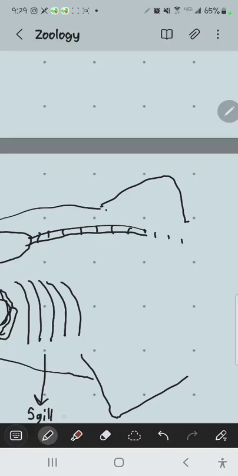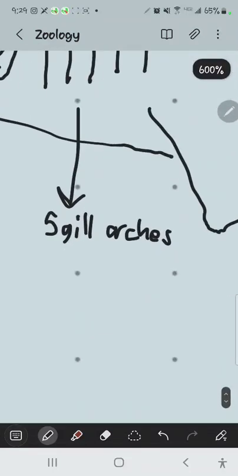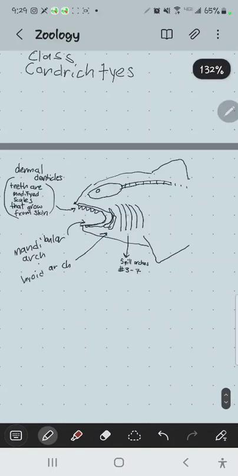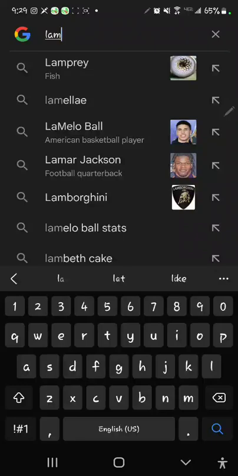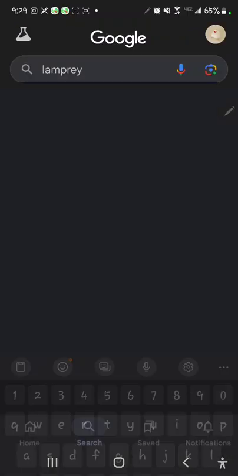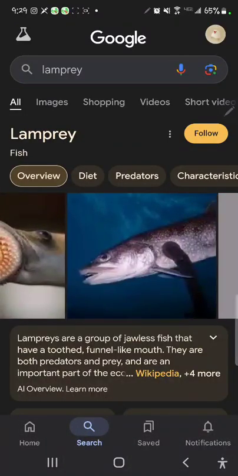Although I say there's 5 gill arches, what they represent is gill arch number 3, 4, 5, 6, 7 of the lamprey. And so these are all homologous structures. You can see that here with this specimen. This is the cranium, the mandible, the hyoid, and all 5 gill arches combined together.